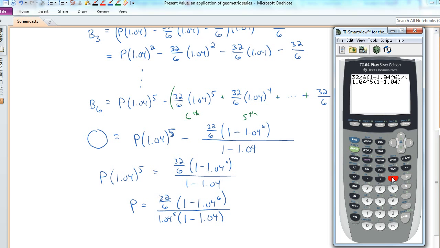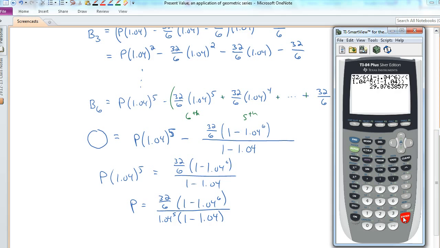Close that term, and then close the product that is the denominator. I could also enclose the numerator in parentheses, but I don't need to because I understand the order of operations. That means 32/6 can be both separate from the entire calculation or be put into the numerator. Doesn't really matter. So enter.